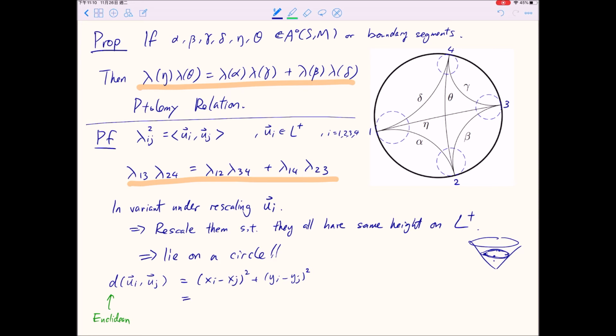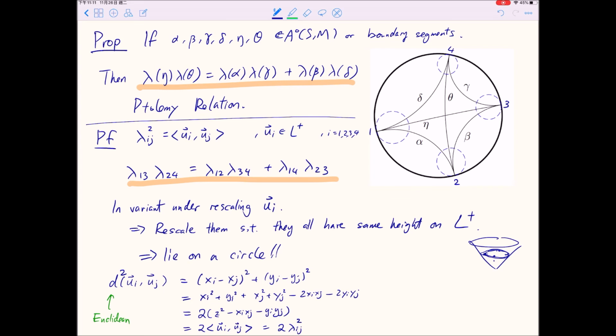If you rewrite, yi squared, yj squared, xi squared, xj squared, minus this, minus that, and using the fact that they lie on the light cone, you can see that this is given by this expression, which is nothing but the Minkowski inner product, which by definition is, distance squared of course, the lambda length squared.